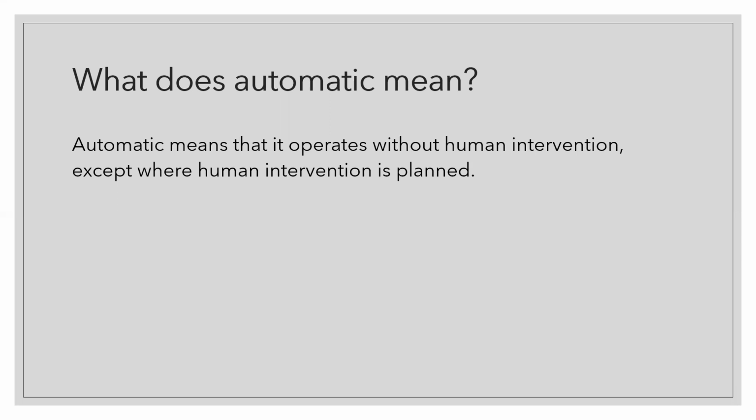So we call them automatic machines. Why? Because there are some instructions through which they can work automatically without any human intervention. But in some places, human intervention is needed.